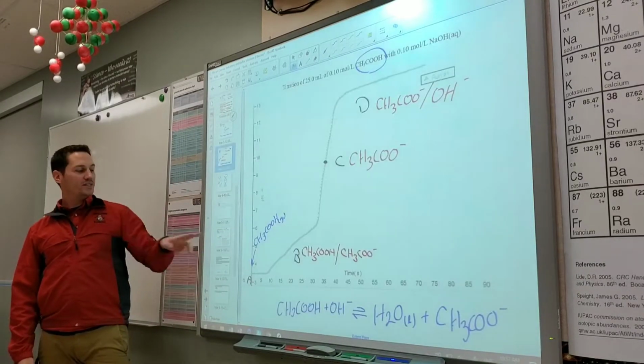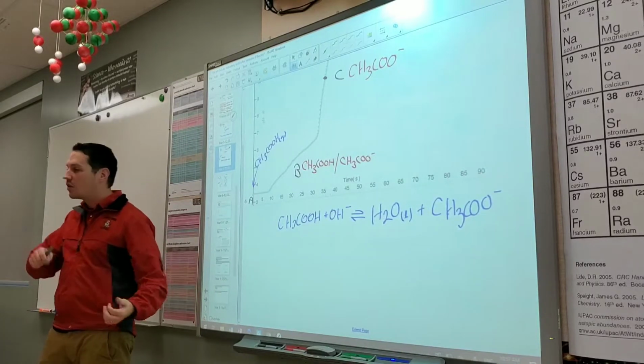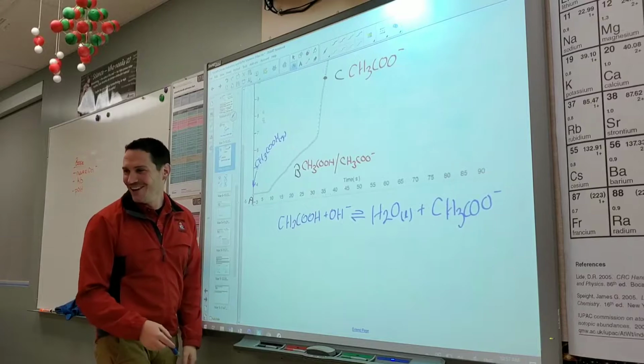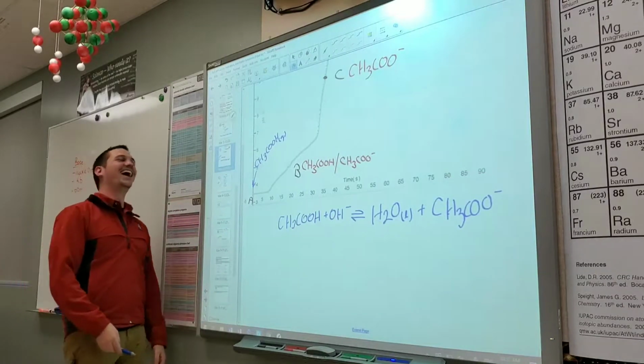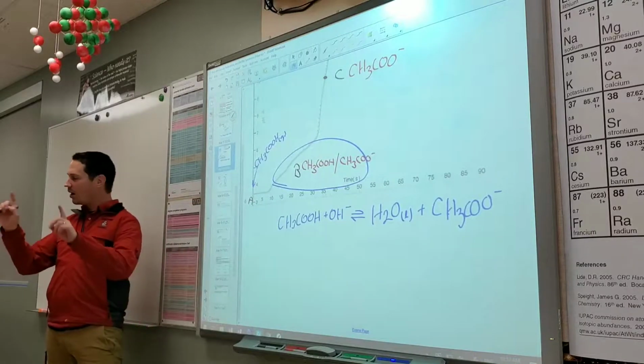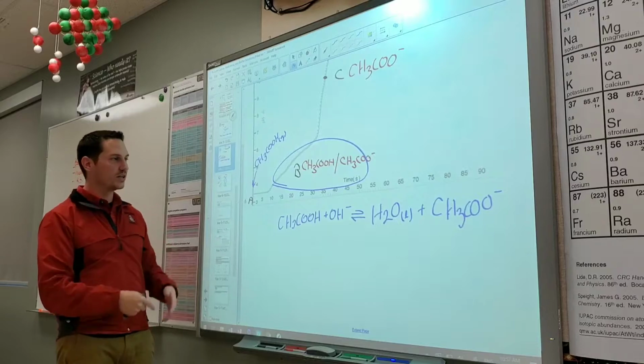Hey, where have we seen that before? Combinations of a weak acid and its conjugate base. What section is it? You tell me. This is our buffer region, right? Where we have approximately equal concentrations of weak acid and its conjugate base.